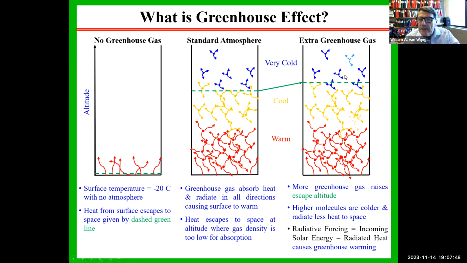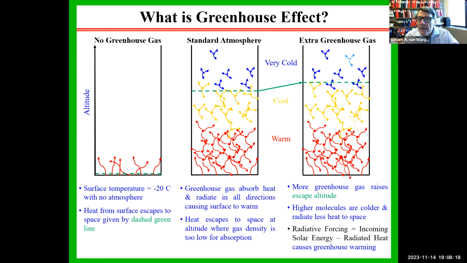If it goes up slightly, that means the molecule radiating to space is slightly colder when we've added greenhouse gas than in the standard atmosphere case. Colder molecules radiate slightly less than warmer ones. And so that means there's an imbalance. We get more sunlight than heat is radiated, and this is called a radiative forcing, and this imbalance means that there's going to be some warming.